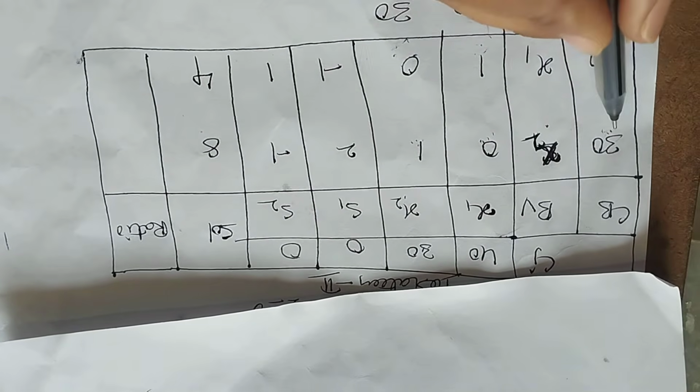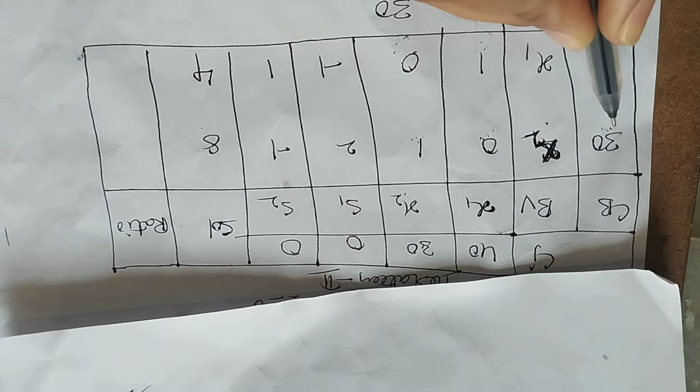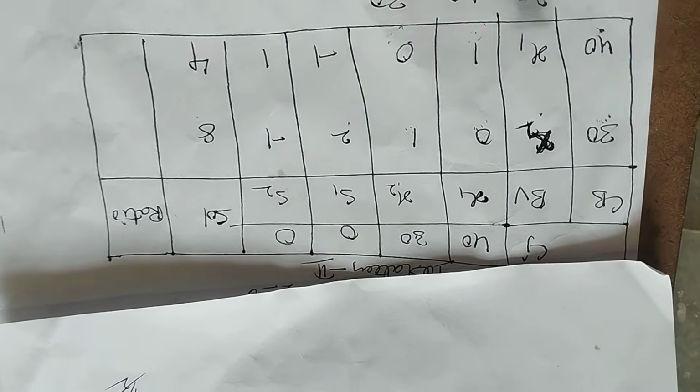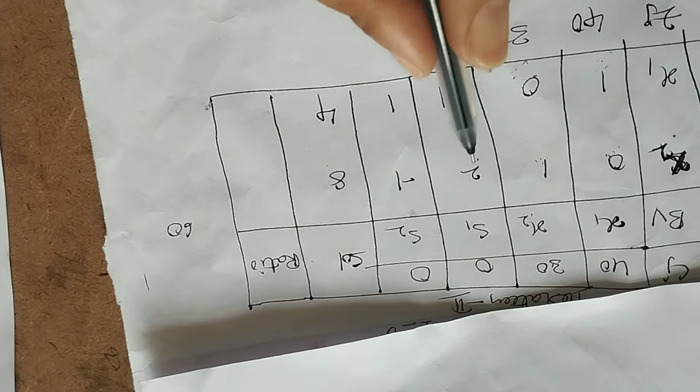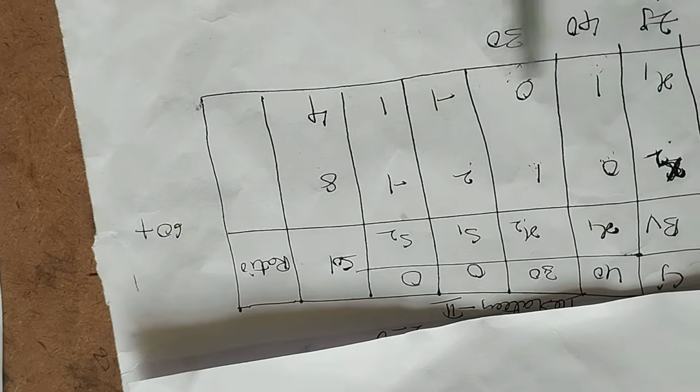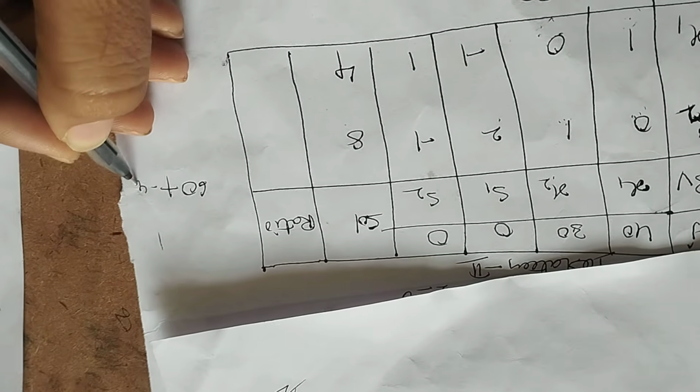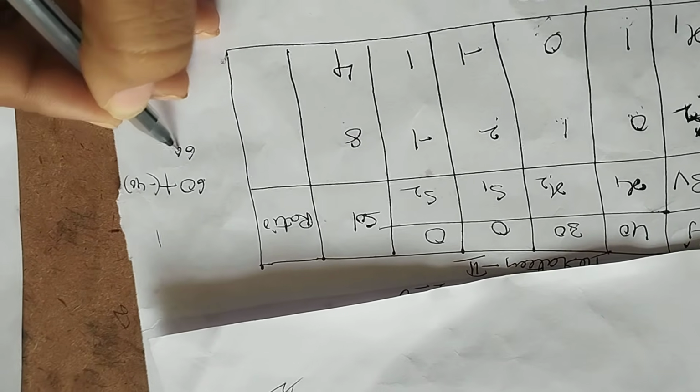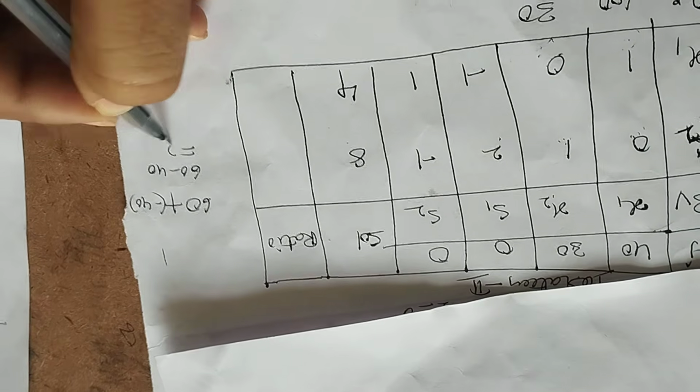And similarly 30 into 2, 60, plus 40 into minus 1, minus 40. 60 minus 40 is equal to 20.